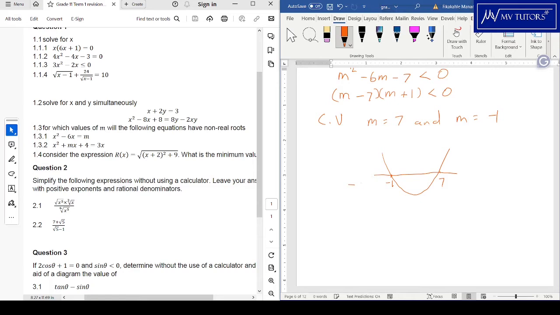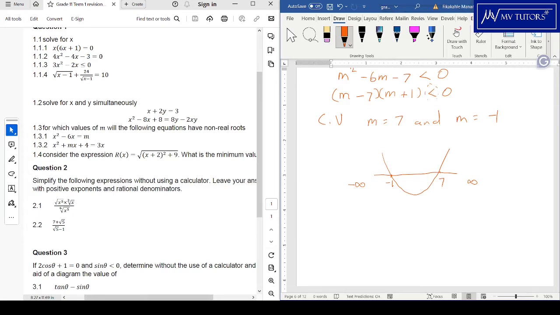Because for my answer, I have 3 options. Either it's going to be from negative infinity to negative 1, or from negative 1 to 7, or from 7 to positive infinity. Only one of them or 2 of them can be the real answer. That depends on this inequality sign, and it says less than. That less than means below the graph.